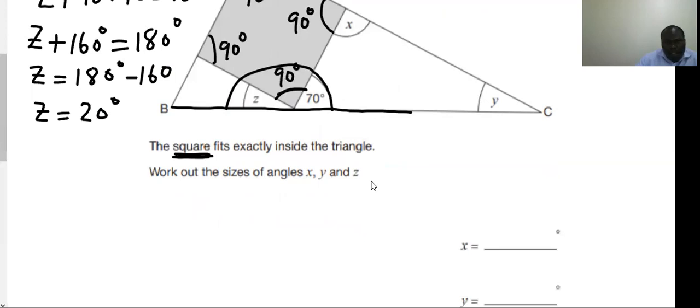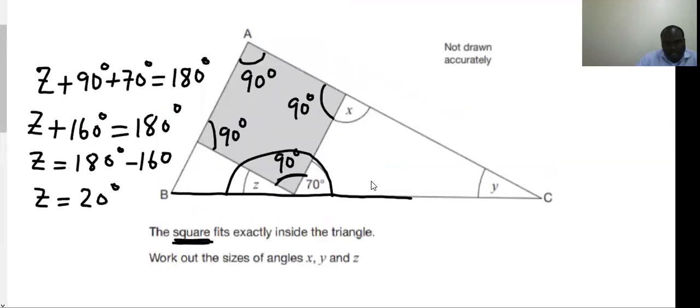Right, now what else can I get? I guess I can get x. Can you notice that this is a straight line? So this angle 90 plus x will be equal to 180. So x plus 90 equals 180.